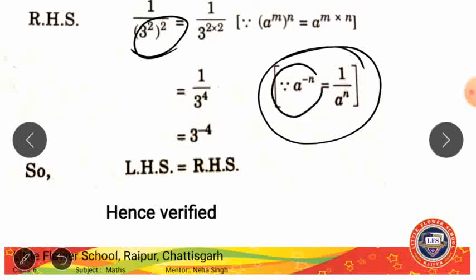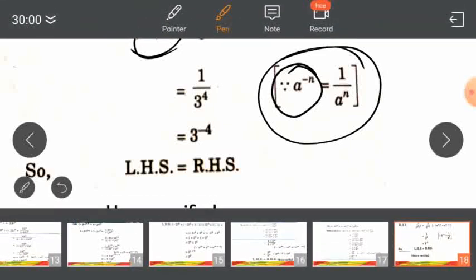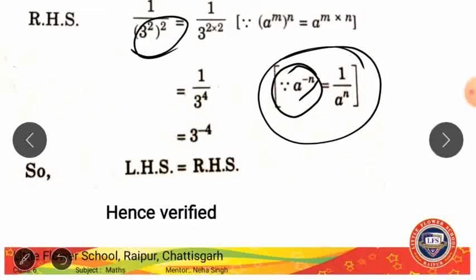Here this number we had as an answer. Our question is 1 upon 3 power 4, so the answer will be 3 power minus 4, right? n is 4 here, so LHS equals to RHS, hence this question is also verified, means we have solved.